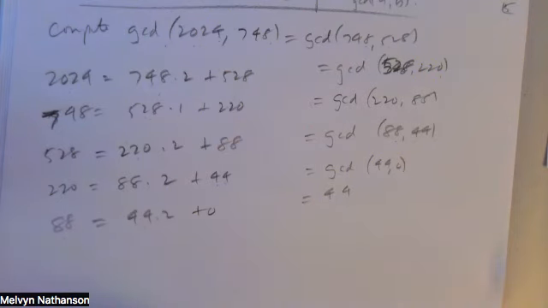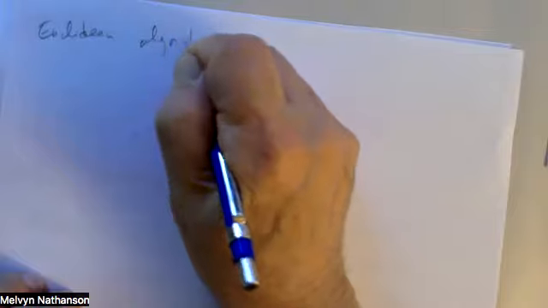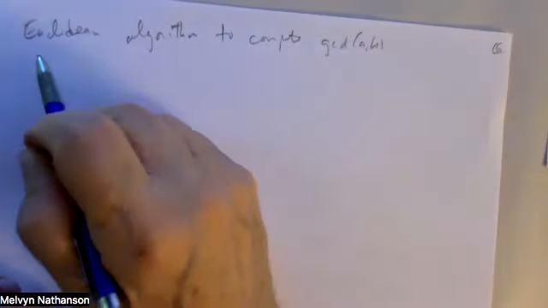So this is the Euclidean algorithm in practice. So one can formalize the Euclidean algorithm to compute the GCD of A and B. The first step isn't necessary, but it's optional if you like.